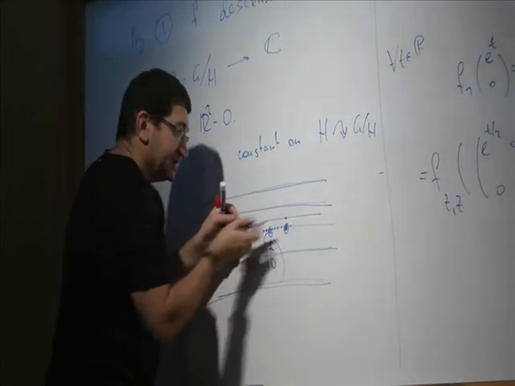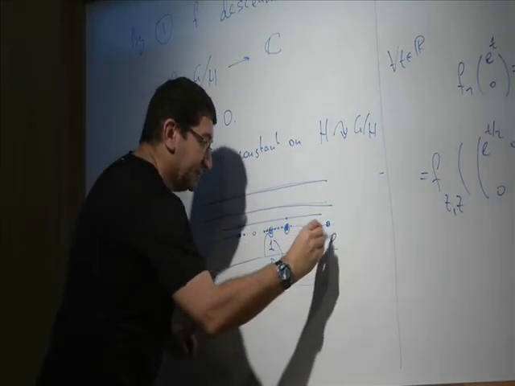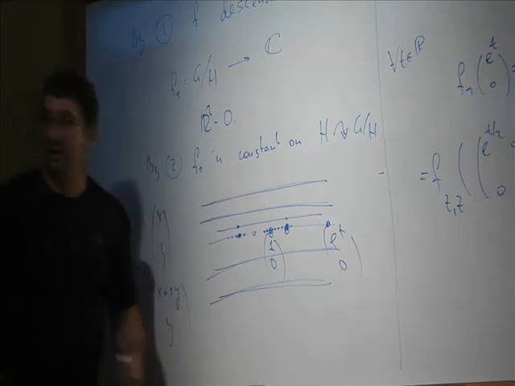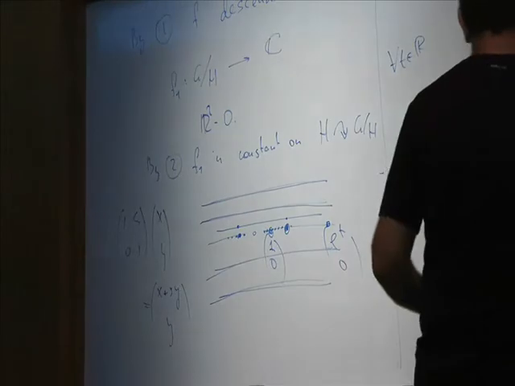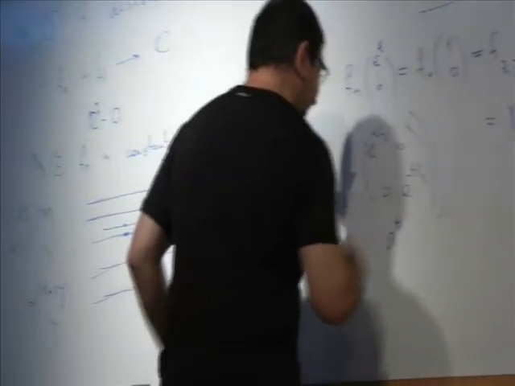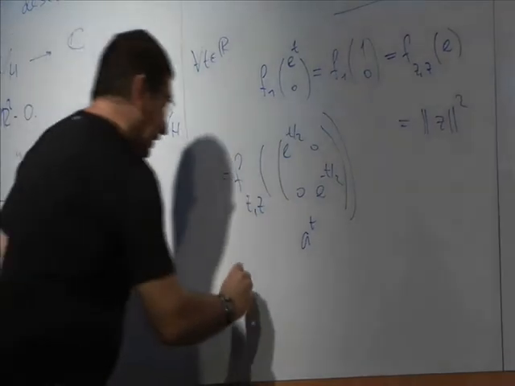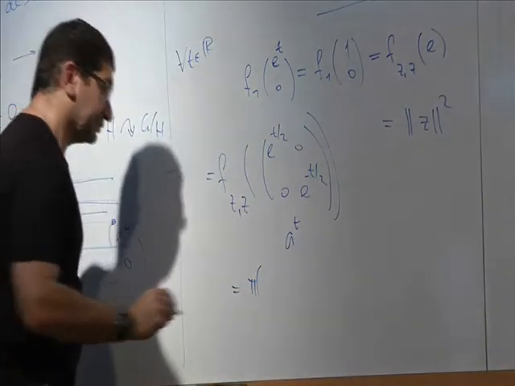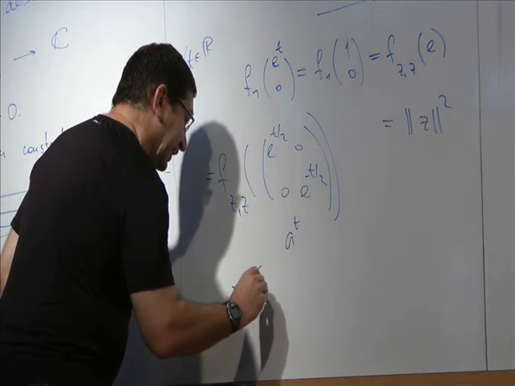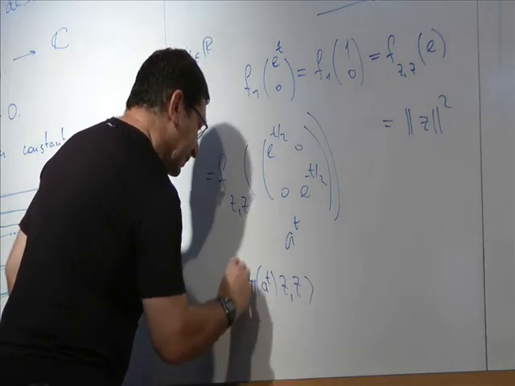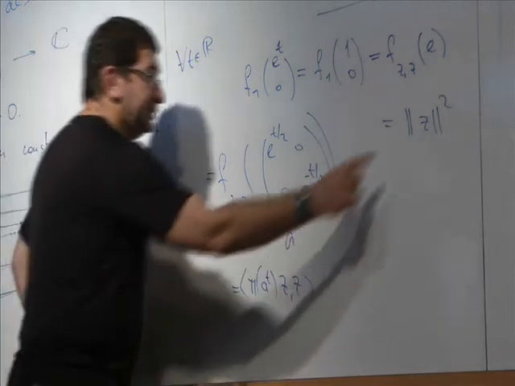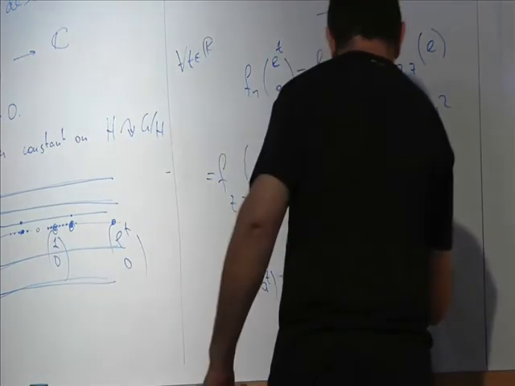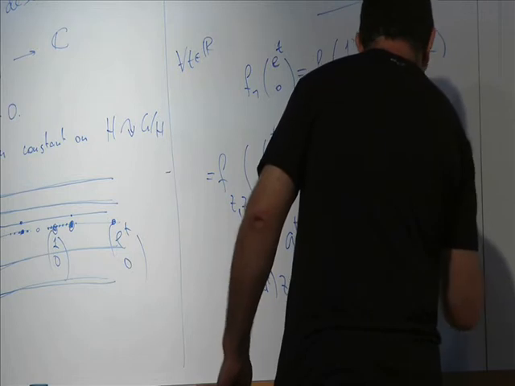If I act by homotheties horizontally, it takes me to places like this. Okay. So what we've got is that this is equal to that. Call this element alpha t. This is pi alpha t z, z. Okay. Now, by Cauchy-Schwarz inequality, if this is equal to that, this implies that pi alpha t z equals z.